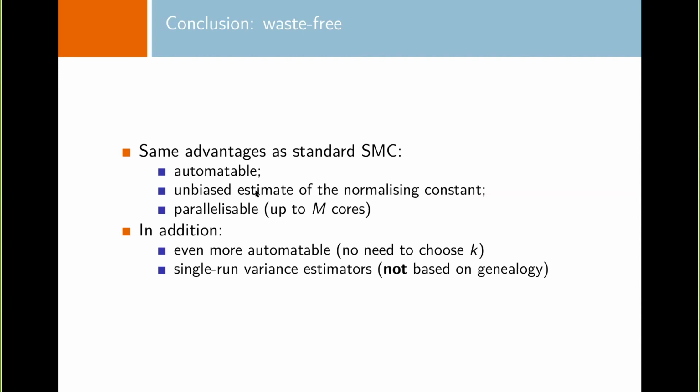And it's really easy to make it parallel. And with Dang, we have two implementations. In both cases, we make it run on several CPUs. And if you have a large number of particles, you send only a small number of particles to each CPU, etc. So that's very nice. But relative to standard SMC, we get something which is even more automatic because we don't have to choose K. And we get single-run variance estimators.